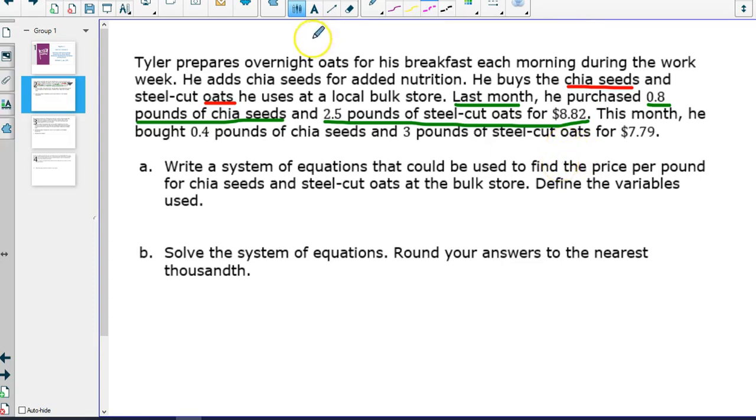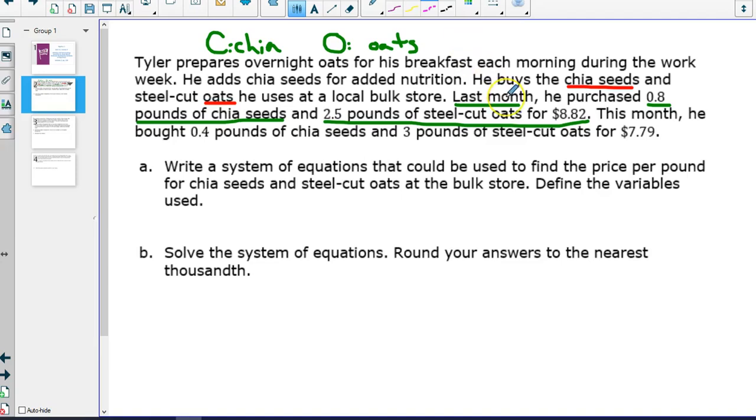Okay, so I'm going to write our chia seeds as C and our steel-cut oats as O. We'll just label that as chia and as our oats. Okay. Let me just put some colons there to make it look a little nicer.